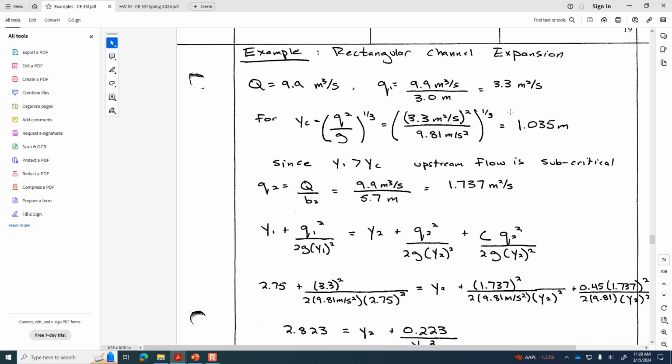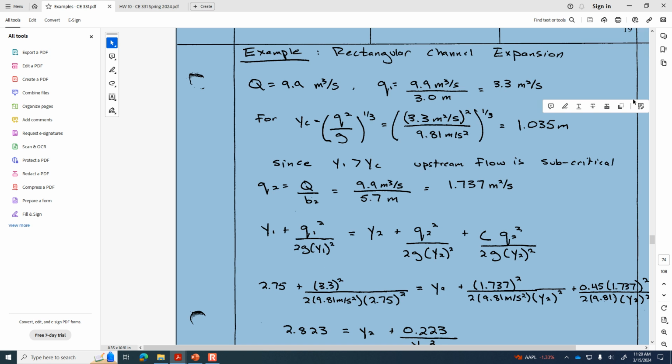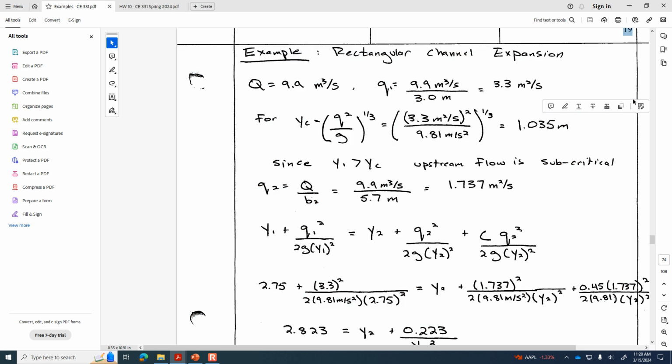Now this critical depth is the critical depth in the narrower section prior to channel expansion, because it's based on a certain flow per unit width. And so this critical depth, which we calculated upstream, is not going to be the same critical depth downstream when the channel gets wider. There's going to be a different critical depth downstream. But the reason why this is valuable for us to know is we can compare it to the given flow depth and assess the flow regime.